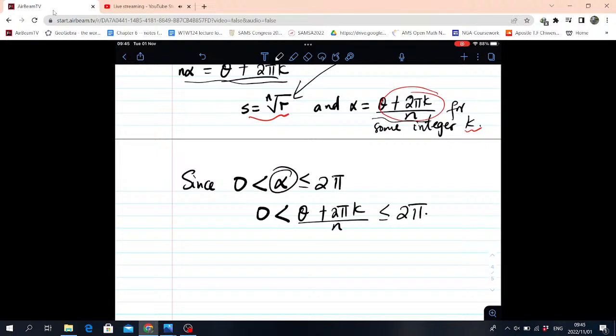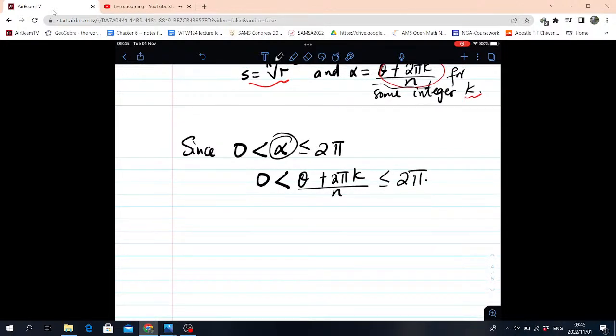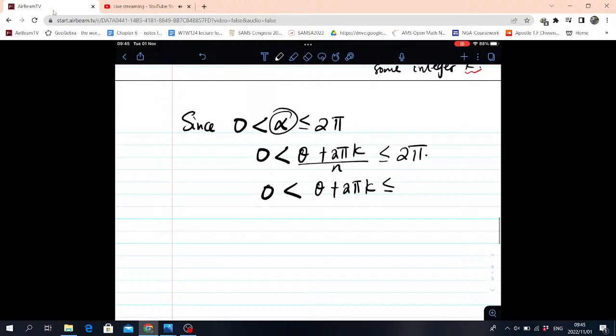And then if I multiply throughout by n, the middle term becomes 2 pi k, and then the right hand term becomes 2n pi, right? I've just multiplied by n.